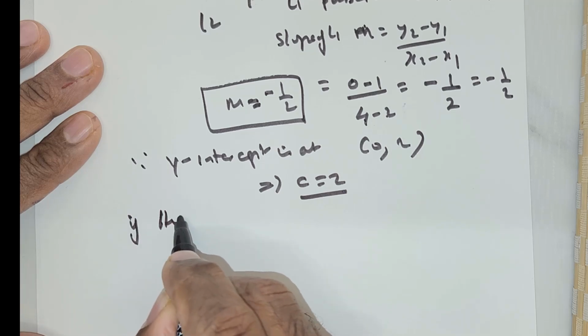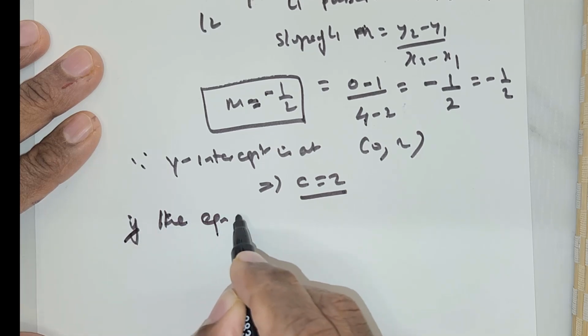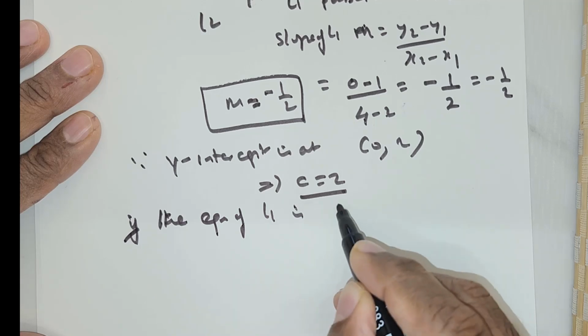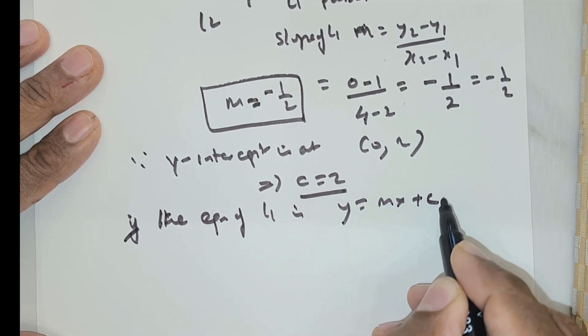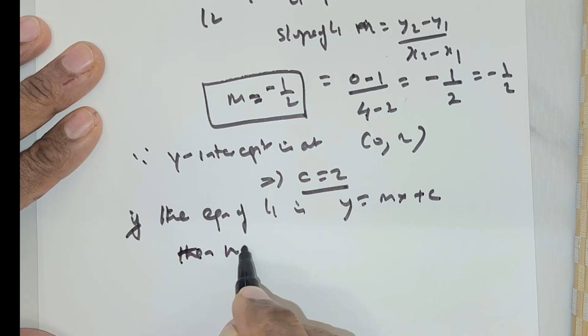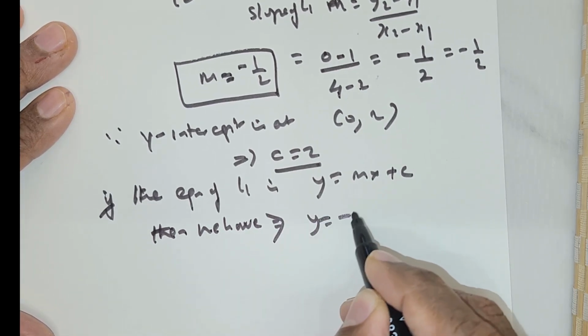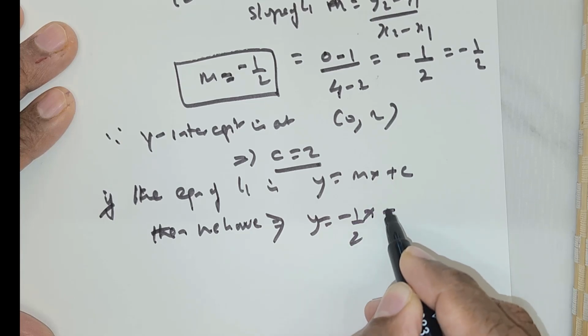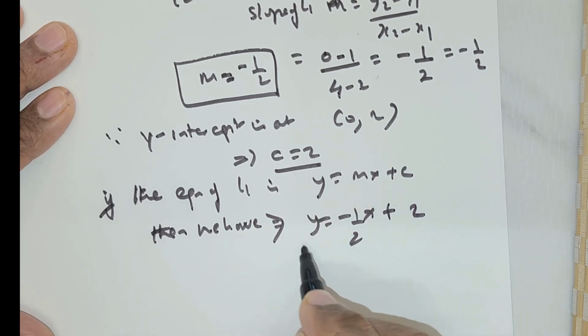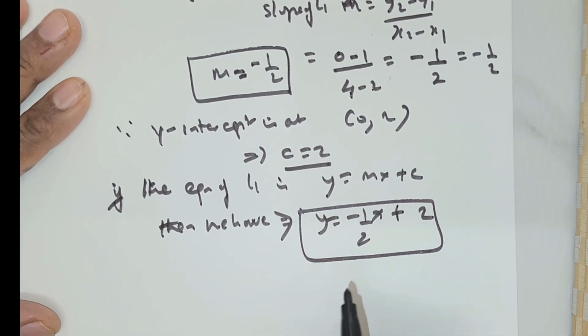So if the equation of L1 is y is equal to mx + c, then we have the slope negative 1 over 2 times x, and the constant c is 2. So this is the equation of the line.